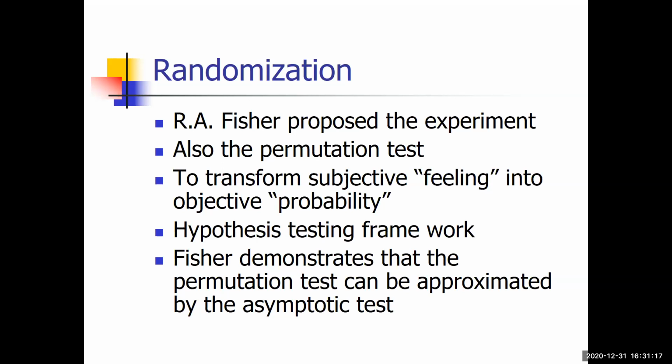This entire concept built up a framework of statistical hypothesis testing. This framework transforms the subjective feeling into objective probability. So it's not that I'm feeling better, but we will have a probability that the drug does not work.